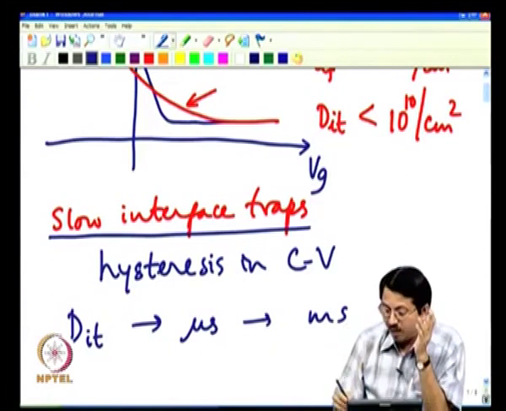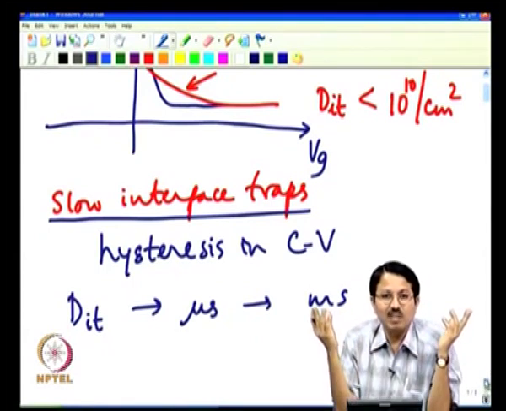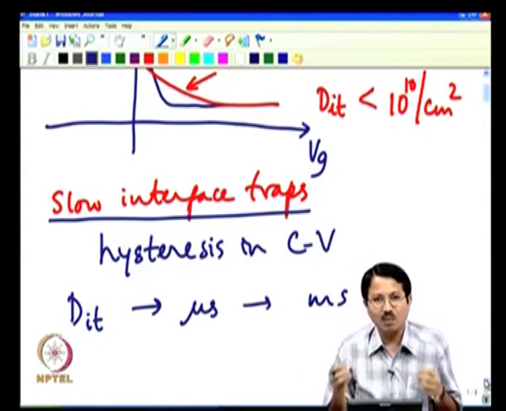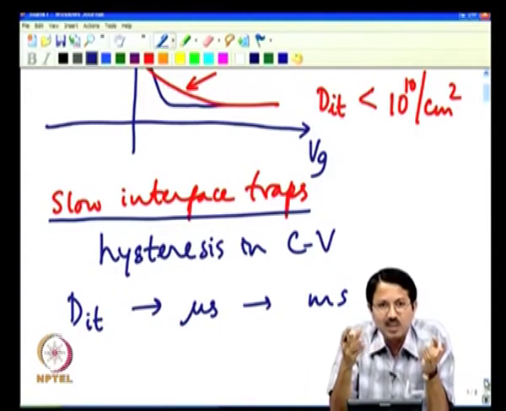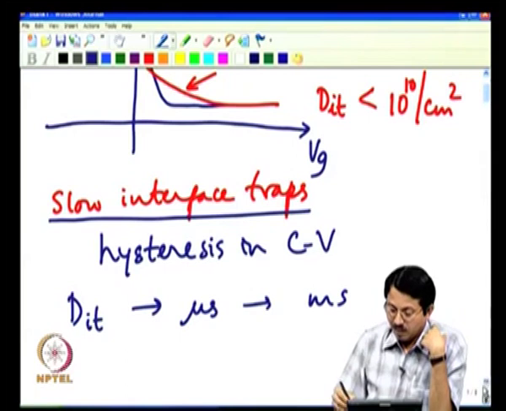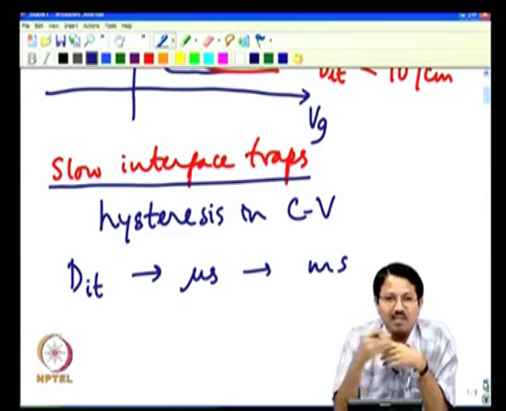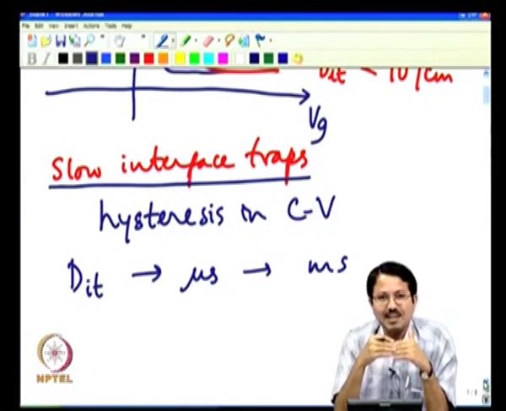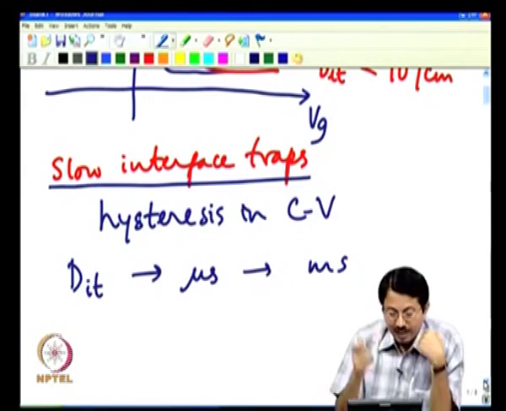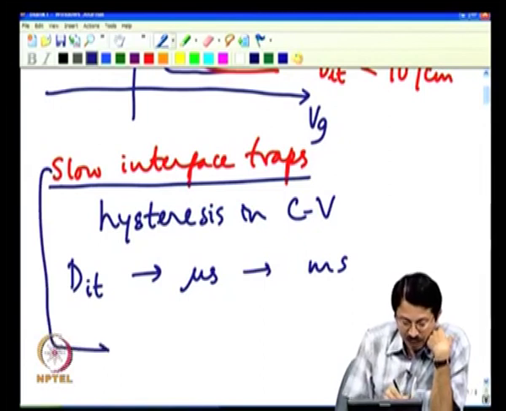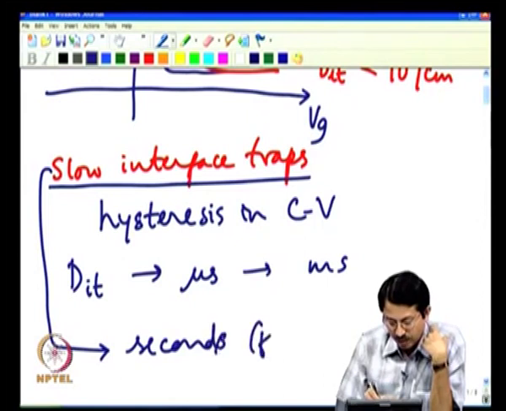On the other hand, fixed charge has a time constant which is sort of infinite, meaning it does not really change. Once it is positive, it just stays positive, it does not get discharged and become neutral. That is the other extreme. But if the oxide that you have put in has some extra defects, they may not be exactly at the interface, maybe a little away from it, hence the time constant is a little slower. Then you may have what are called slow traps, which may have their time constants in a few seconds.